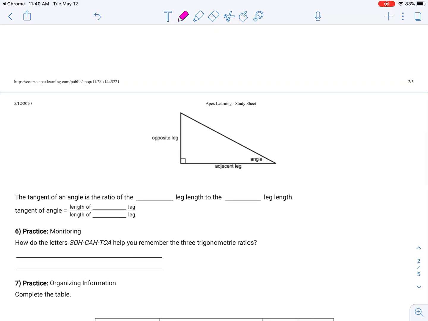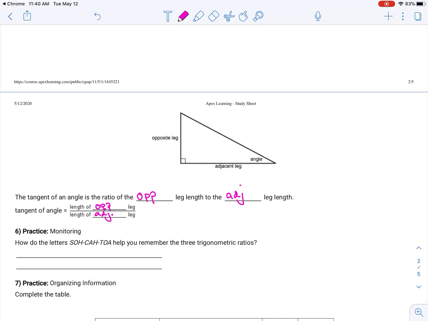The tangent of an angle is the ratio of the opposite to the adjacent. So this one is opposite over adjacent.